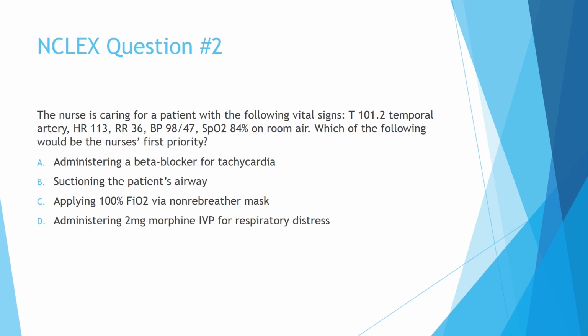Apply 100% FiO2 via non-rebreather mask. Non-rebreathers are the only type of mask that can provide 100% of oxygen to patients. So when you have someone who has an O2 sat of 84% on room air, you need them to get some oxygen. So 100% non-rebreather is what would be your option here.